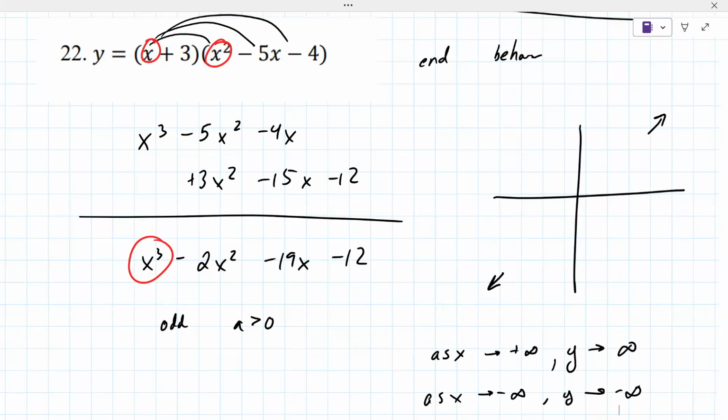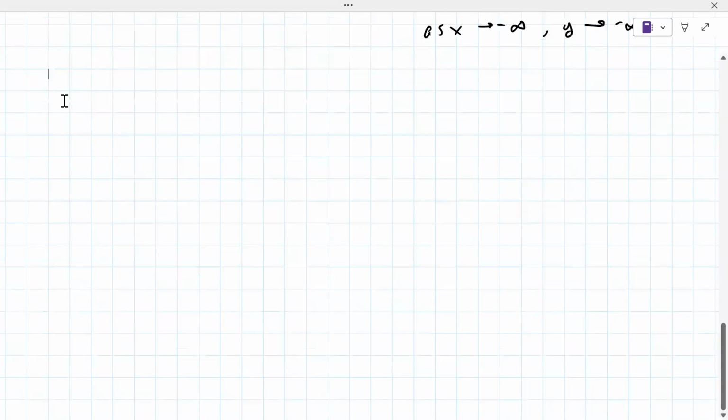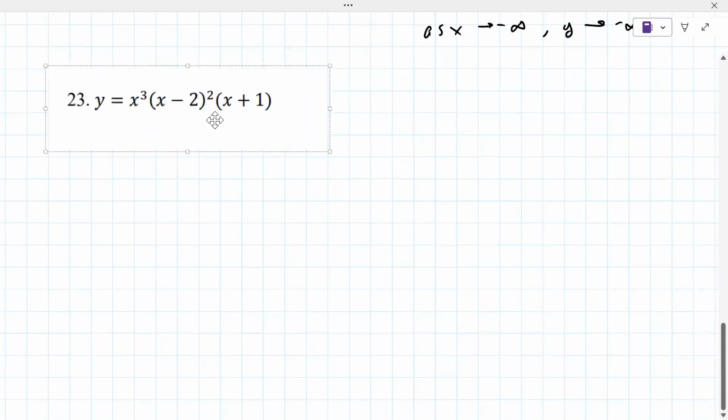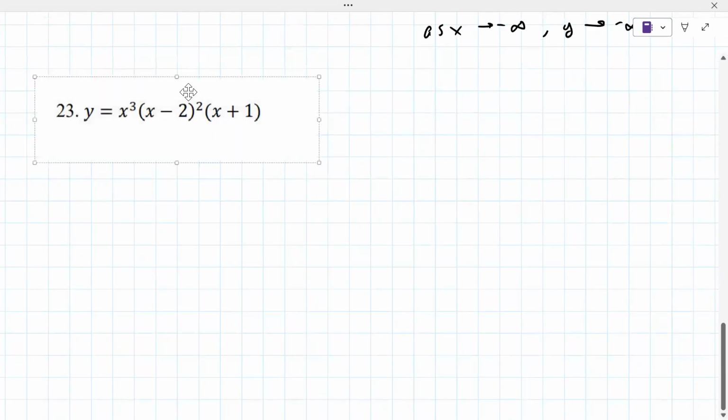So now let's look at another one that's slightly more complicated. Like the last thing you want to do is multiply this all out. That's way too much effort. So what you have to identify is, what's the biggest thing that you're multiplying?